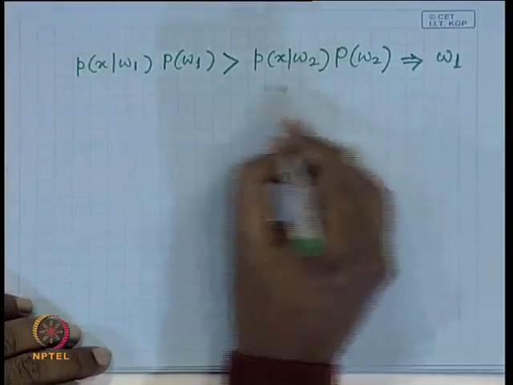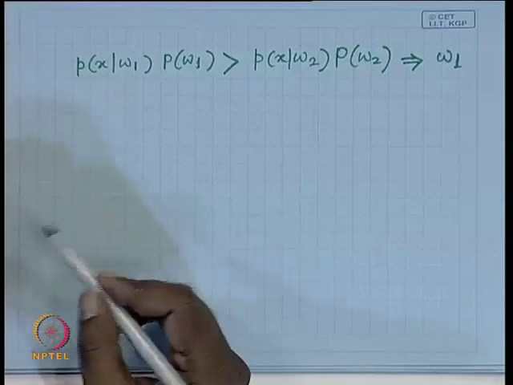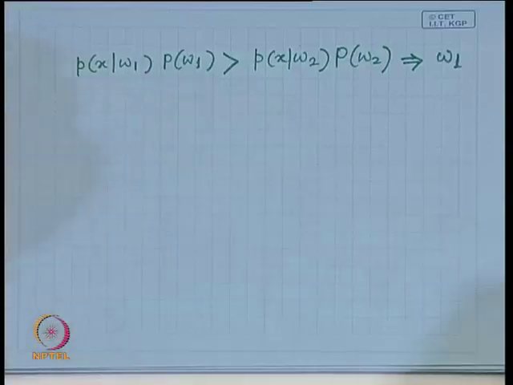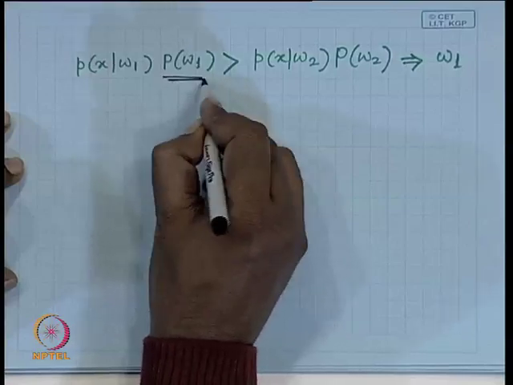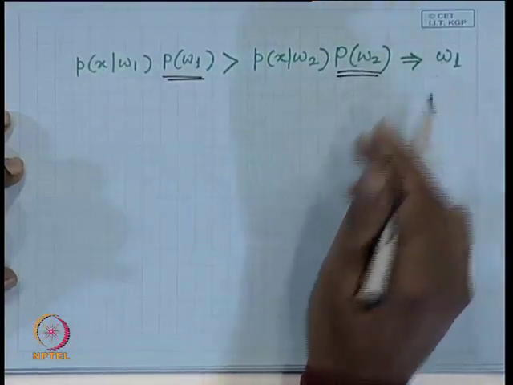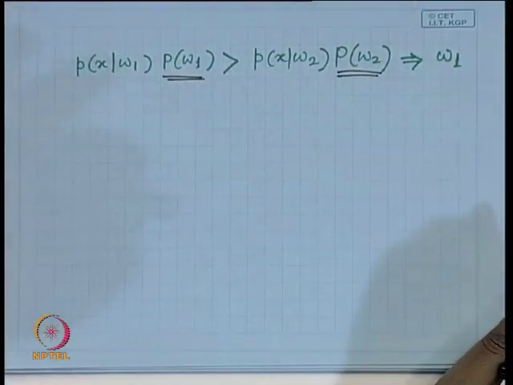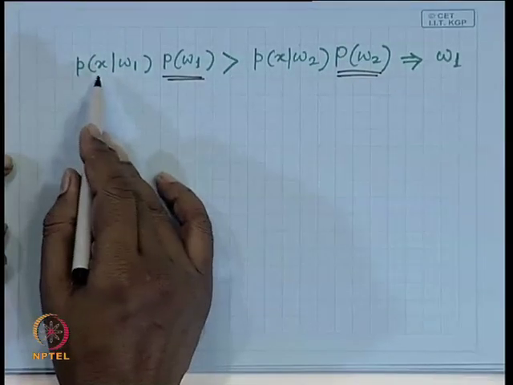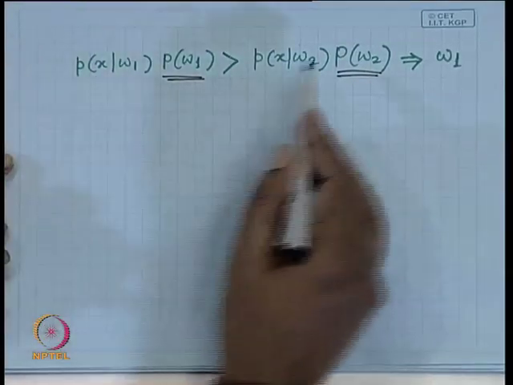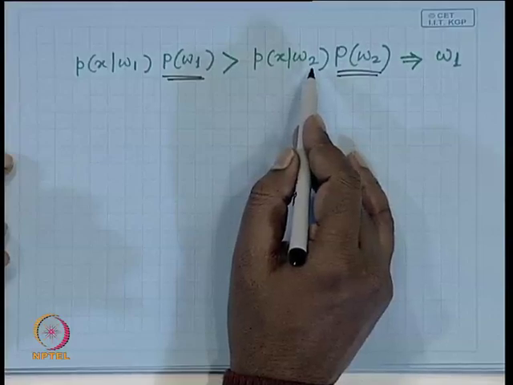Over here, if P of omega 1 is the same as P of omega 2, that means the particular form produces objects which are equally likely to be rejected or to be accepted. In that case, my decision is based on P of x given omega 1 and P of x given omega 2, that is class conditional probability.